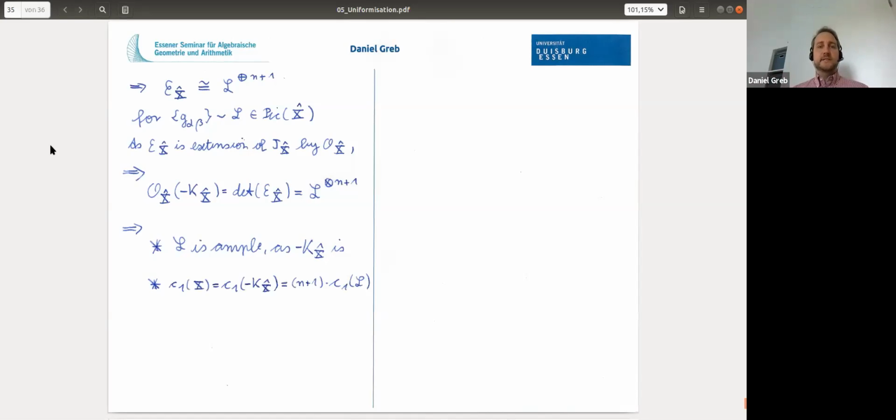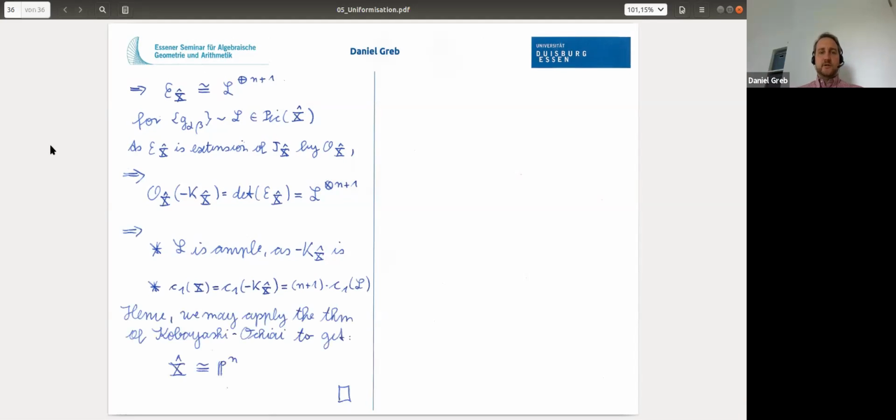And on the other hand, this is exactly the relation you need for the theorem of Kobayashi-Ochiai, that c1 of X hat, which is c1 of minus K X hat, is n plus 1 times c1 of L. And so I can apply the theorem of Kobayashi-Ochiai to get that X hat is P n, and as I explained, this finishes the proof because then X is a quotient of X hat by G, and this action of G has the property that it's free outside of a codimension 2 subset by construction of this maximally quasi-étale cover.